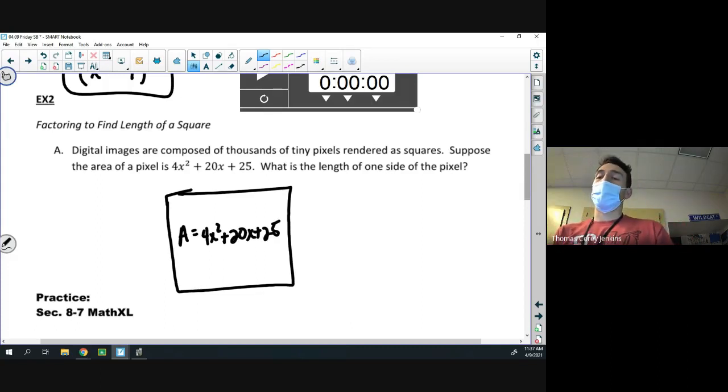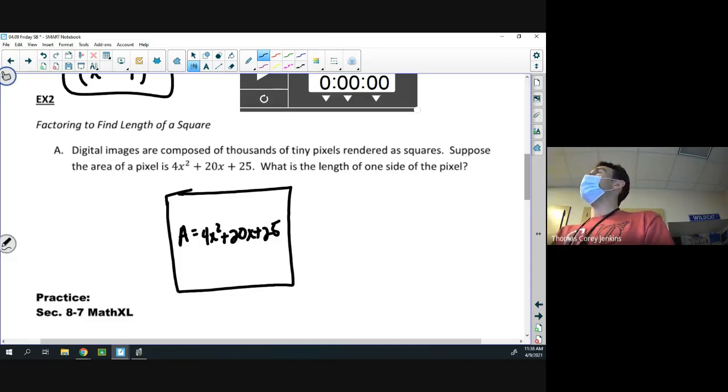On our 8.5 notes, we just had to kind of traditionally factor. We actually don't know how to do that yet on this one. If you look at this one, it's different than all the other ones we factored because it starts with 4x squared. We'll learn how to factor that. We don't know yet. Okay.